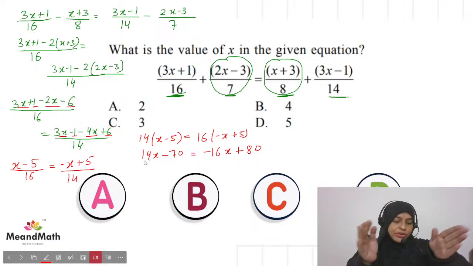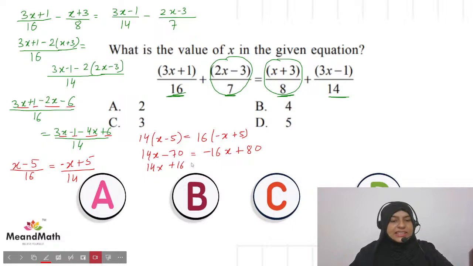So now we need to take x terms together and numbers together. So 14x plus 16x is equal to 80 plus 70. Now 14 plus 16 is 30x, which is equal to 80 plus 70, 150.